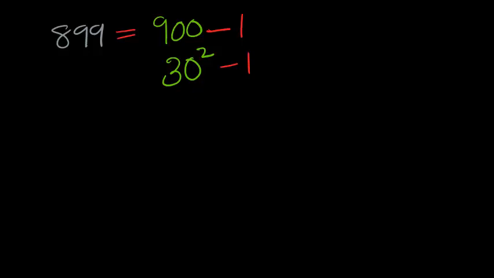899, same thing. We want a difference of squares, and our difference of squares must be minus 1. So 899 plus 1 is going to be 900. 900 is 30 squared minus 1. So now I'm going to do difference of squares. I've got two brackets, and inside my two brackets I've got plus 1 minus 1, and I've got 30 on both sides.